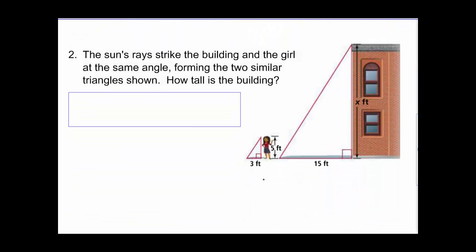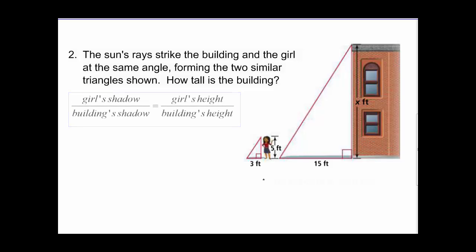Let's try number 2. The sun's rays strike the building and the girl at the same angle, forming two similar triangles. How tall is the building? So we have two similar triangles noticed by the girl and the building. We can use our similarity properties to solve for x. Let's start with the girl.